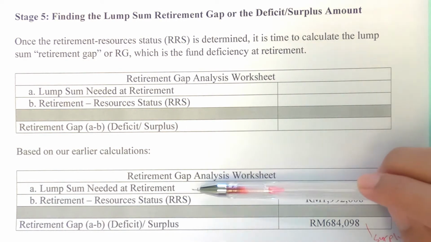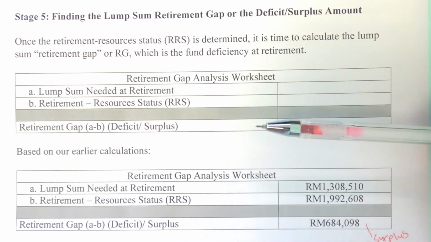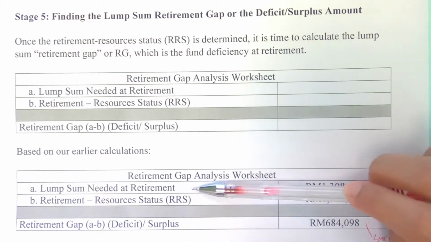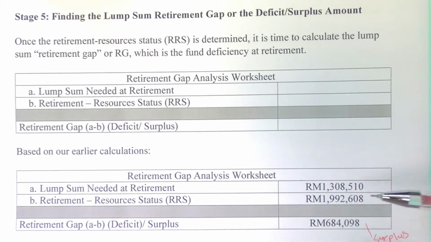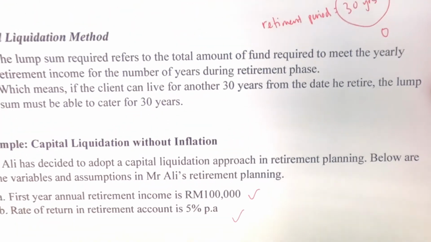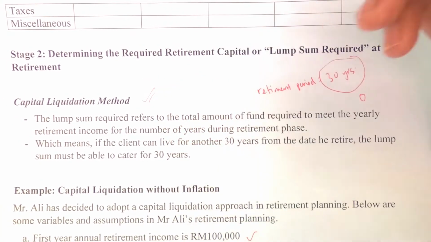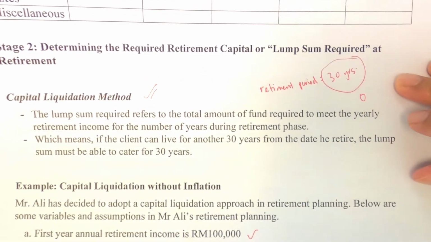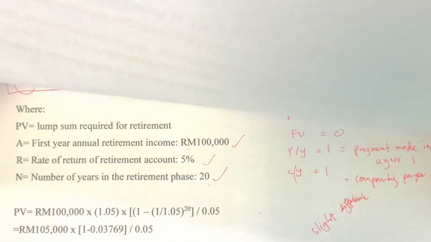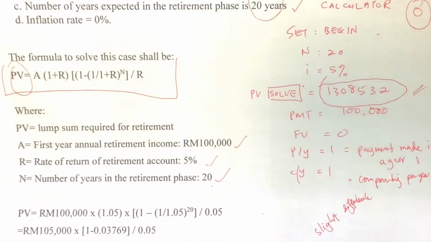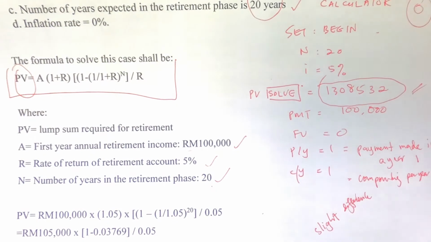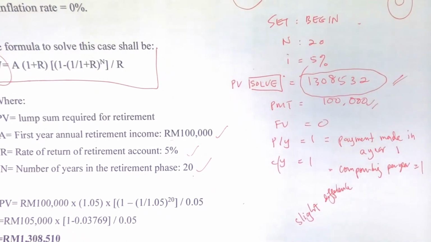If we look at the example based on our earlier calculation, the lump sum needed at retirement, for example, is 1,308,510, and this is where we find this figure. If you remember the calculation on the capital liquidation method that we already discussed before, where we said that the payment per year is 100,000.